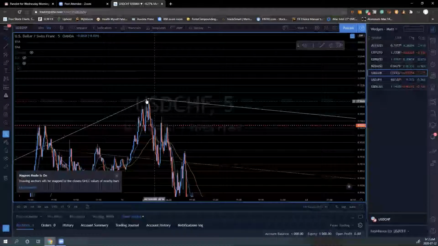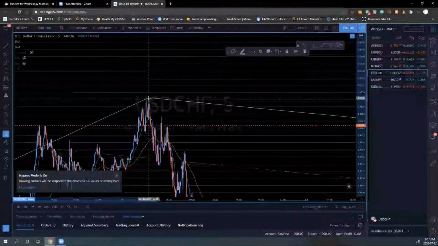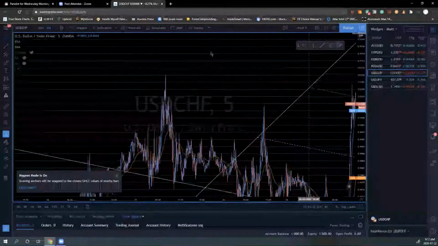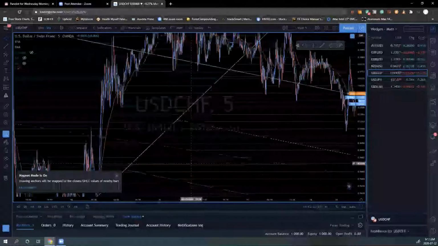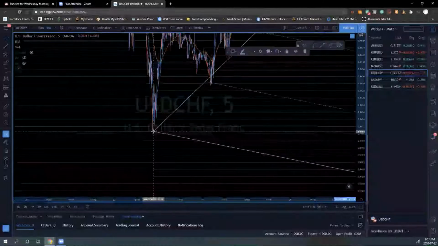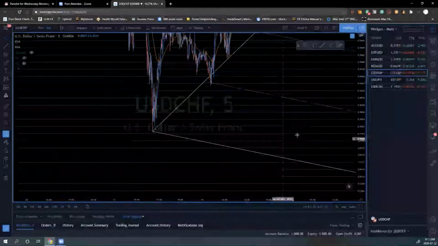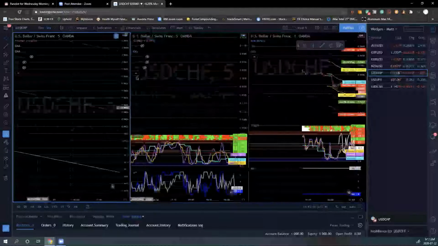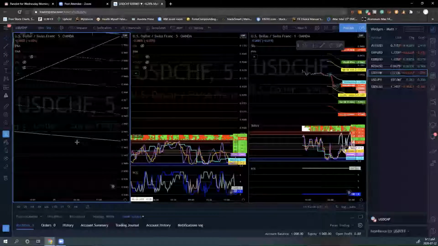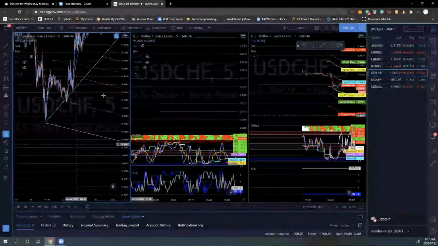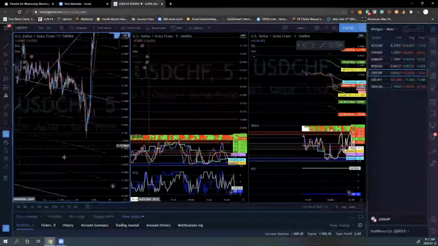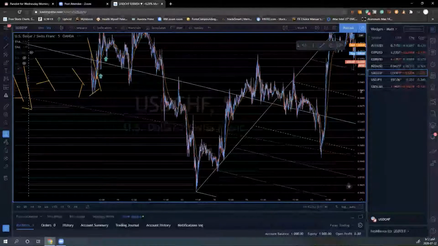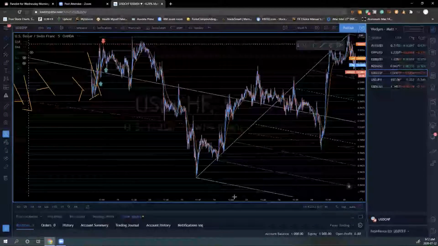I'll use the magnet tool for a little bit. Cool. All right. So now, just making that small slight adjustment is going to make this much more accurate. And you'd be like, well, that doesn't make sense to me. Well, making these small little adjustments by 1 pip.